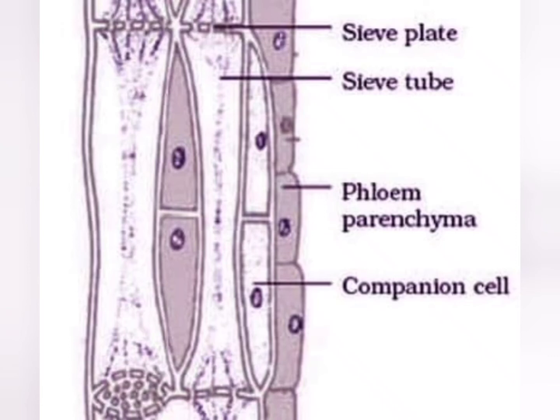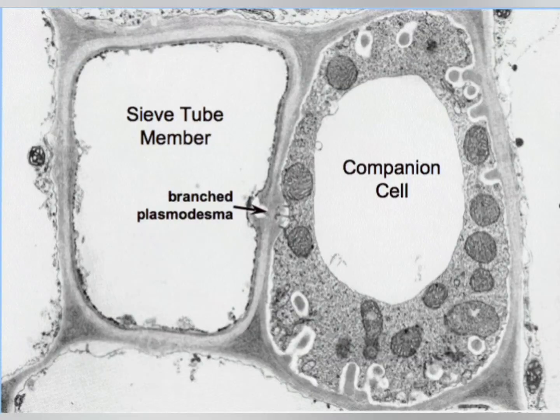Companion cells are connected to the sieve tube cells through compound plasmodesmata. You can see in the middle of the diagram, plasmodesmata. So what is that? The membranes of adjacent cells have some pores to communicate.